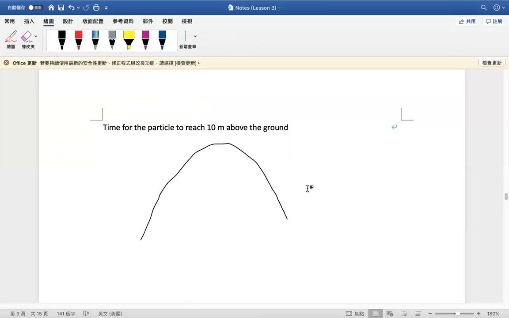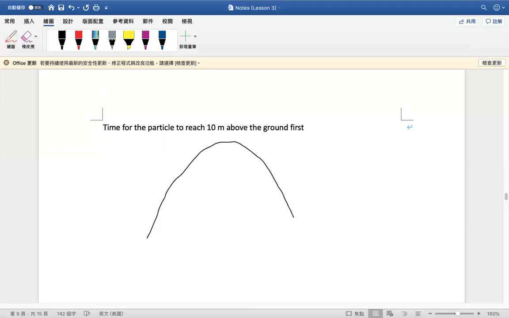You have a physical situation and two times, and if it's the time for it to reach 10 meters above the ground first, then the answer should be the smaller one. I can't tell you very generally because it really depends on how you understand the model.